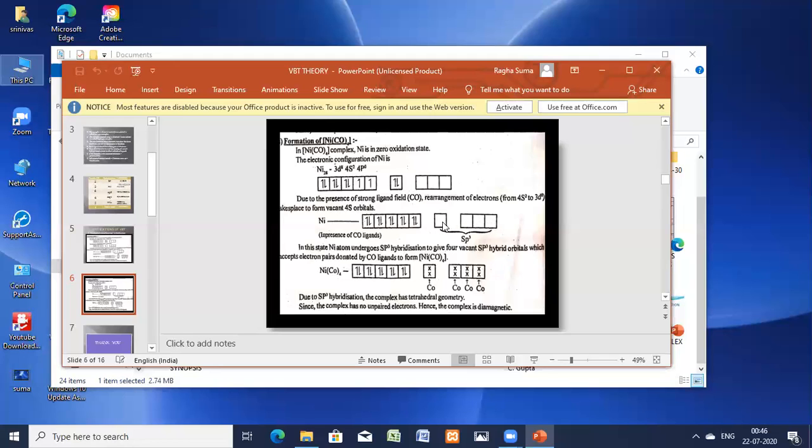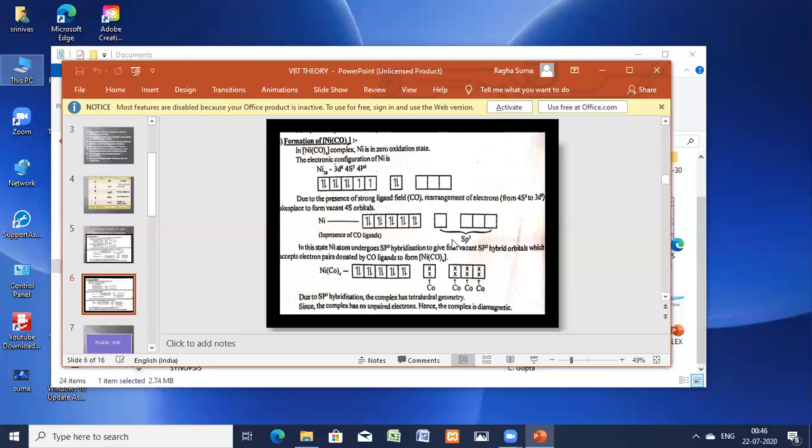So 4 atomic orbitals of the nickel metal atom undergo hybridization. 4 atomic orbitals combine to give 4 hybrid orbitals. What are the atomic orbitals? One s and 3 p orbitals combine to give 4 sp3 hybrid orbitals.